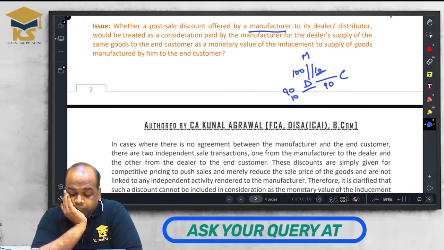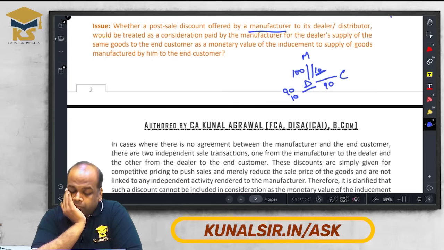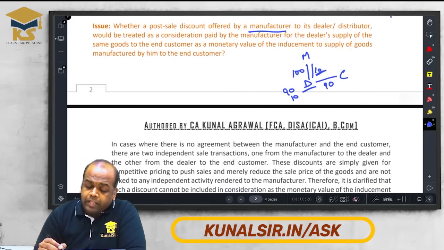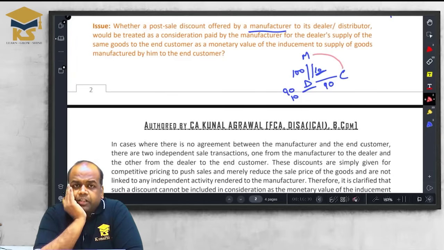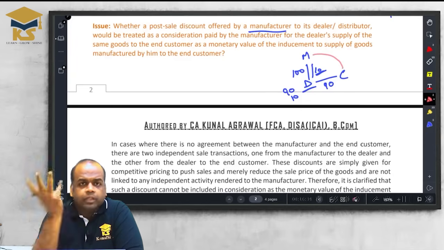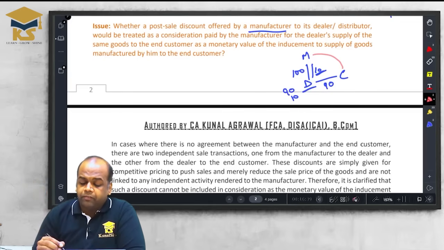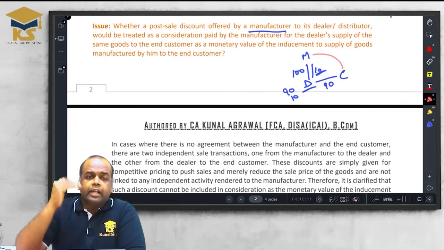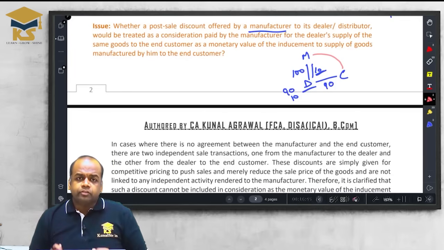Now what to do? Then the clarification came. Tell me one thing: is there any agreement between this manufacturer and the customer that sir, we will sell the goods to you at 90 rupees? No, there is no such agreement. If there is no such agreement between the manufacturer and the customer, then the price at which the dealer is selling to the customer is an independent transaction.